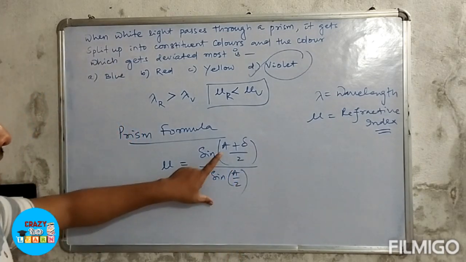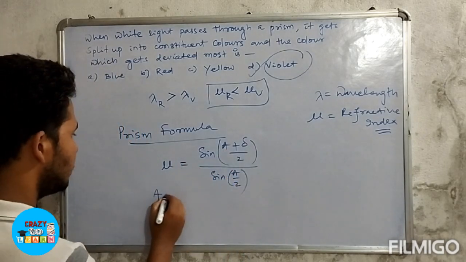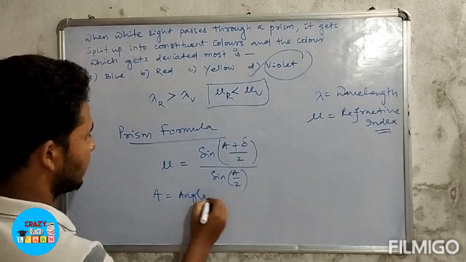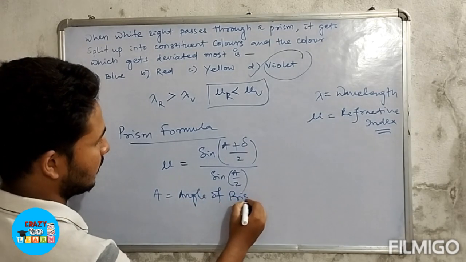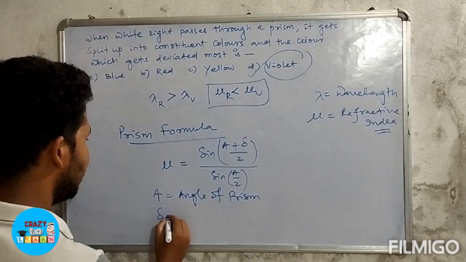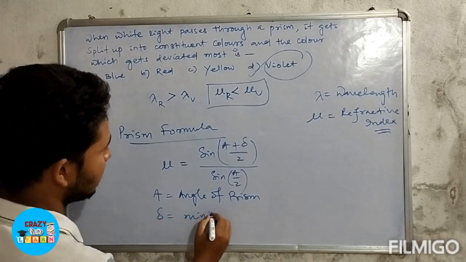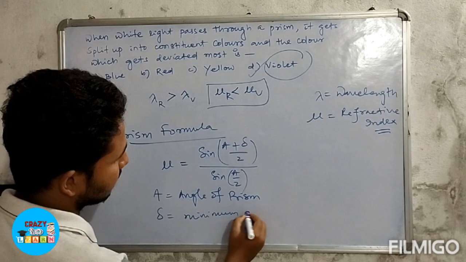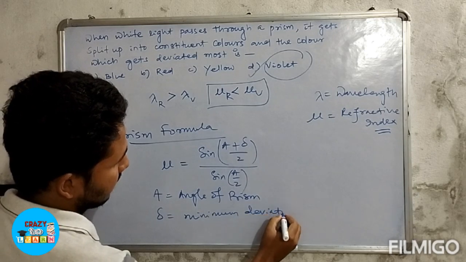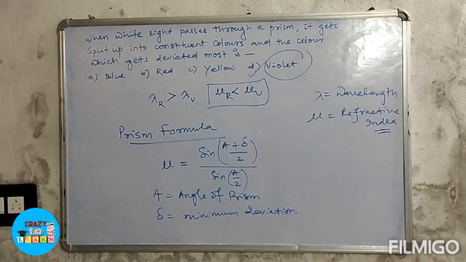Yes or no? A is the angle of prism, and del is the minimum deviation.